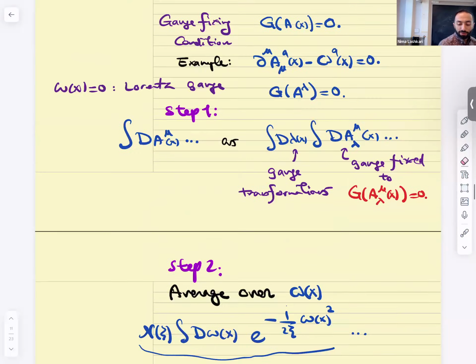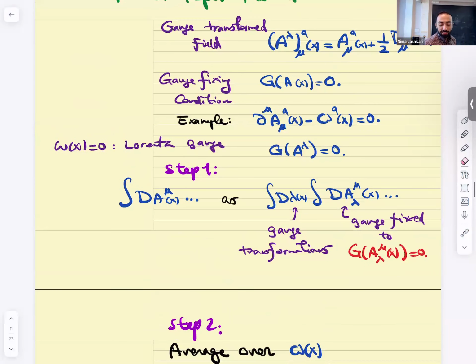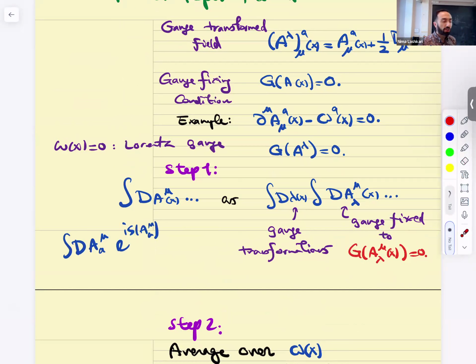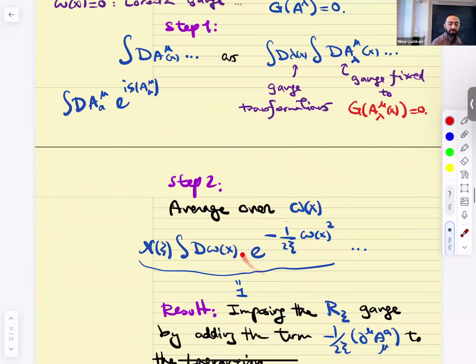So this is a choice of gauge, right? There are all sorts of other choices of gauge. The relation between this choice of gauge and R_ξ gauge is that R_ξ gauge is this particular average over these choices. This is all unphysical stuff, but we'll see, it will be very, very important.